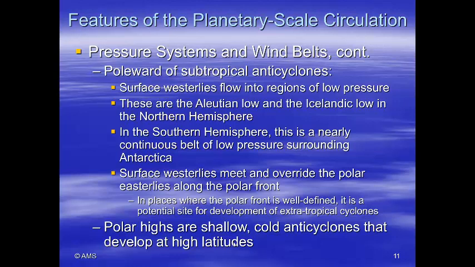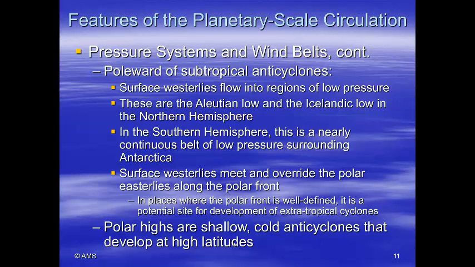These surface westerlies meet and override the polar easterlies along this front. Where this polar front is well defined, it is a potential site for the development of extratropical cyclones.